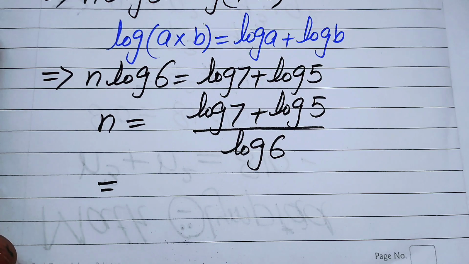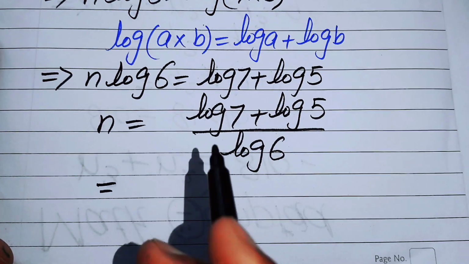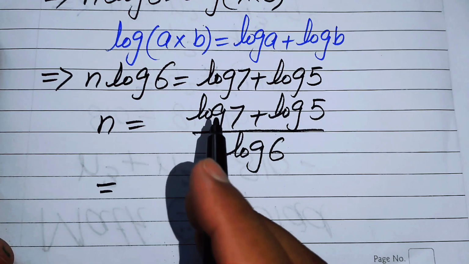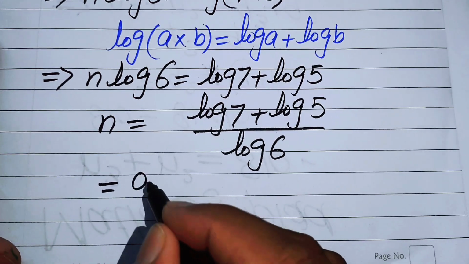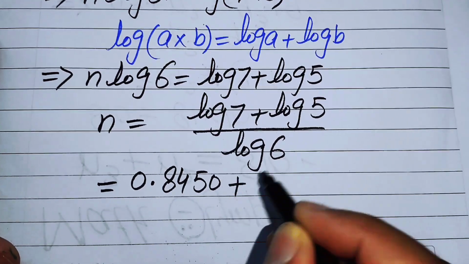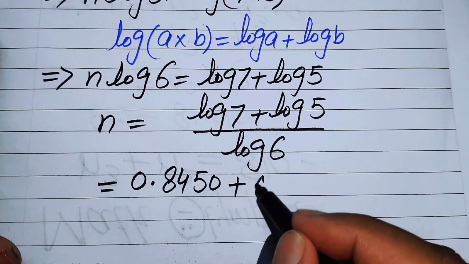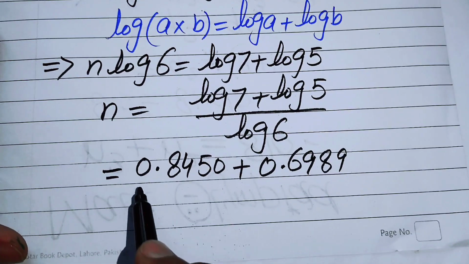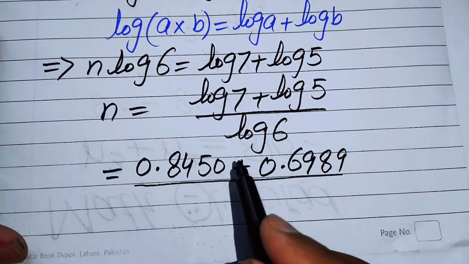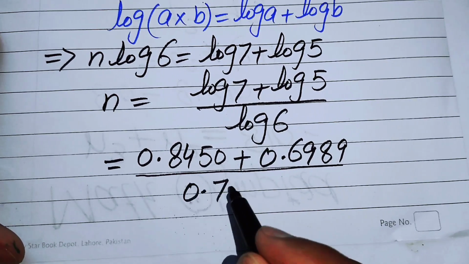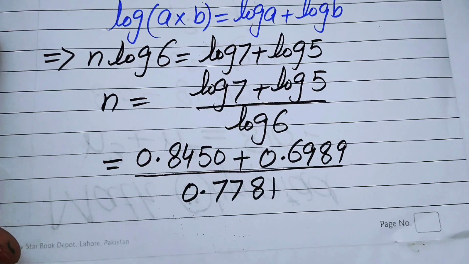Now you can use a calculator or a logarithmic table to find the values of log 5, 6 and 7. The value of log 7 is 0.8450, the value of log 5 is 0.6989, and whole over you have log 6, and the value of log 6 is 0.7781.